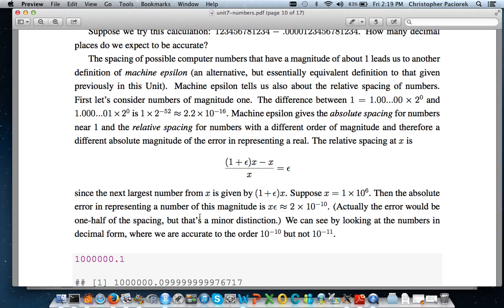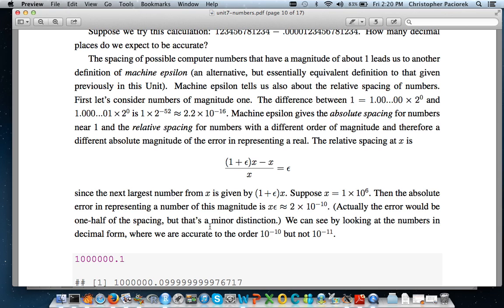Multiplying by epsilon, which is about 1 or 2 times 10 to the minus 16, I get that the absolute error is about 2 times 10 to the minus 10. That's another way of saying that when we were printing out a lot of numbers like we did last time, if we see a number that looks like this, we're only going to have 10 digits to the right of the decimal place that can be represented accurately, because we've used 6 on the left, and we've got 10 to the right of the decimal place, and that's the accuracy that we have.